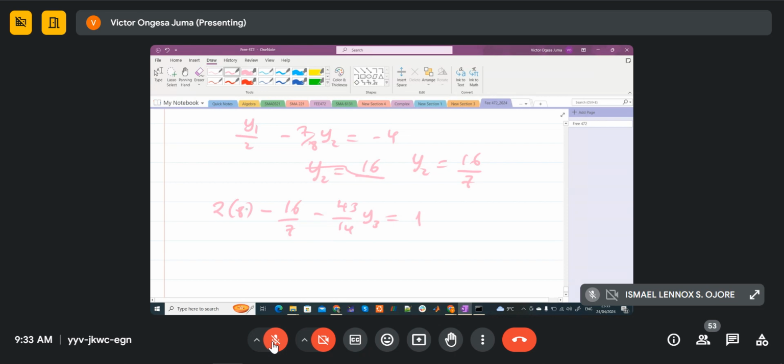So multiplying this will be minus 14 over 43 into 1 plus 16 over 7, and then minus 16. So simplify that.